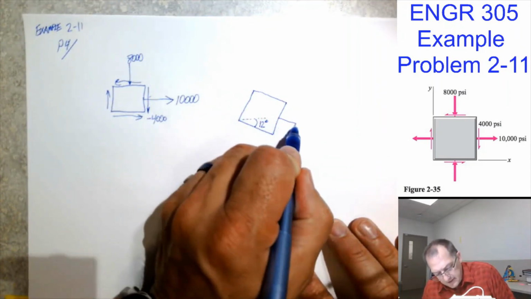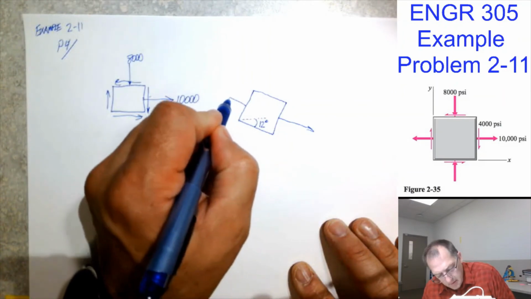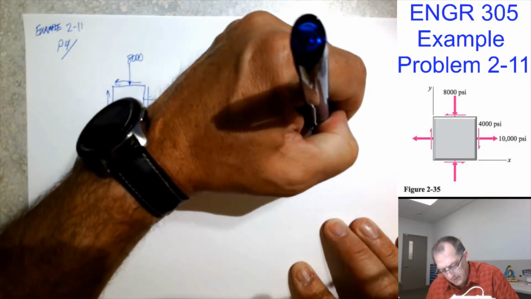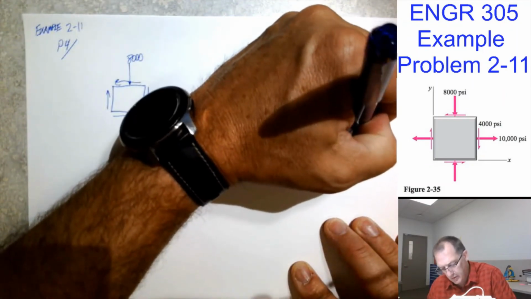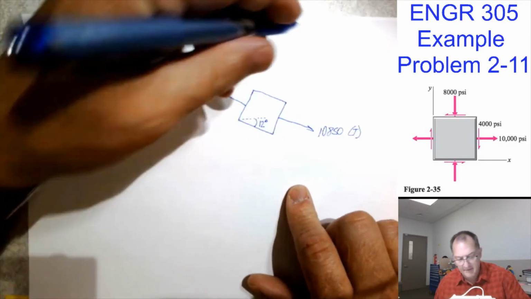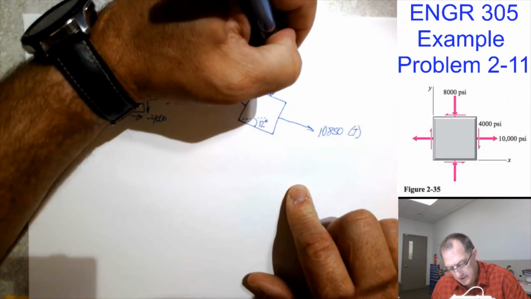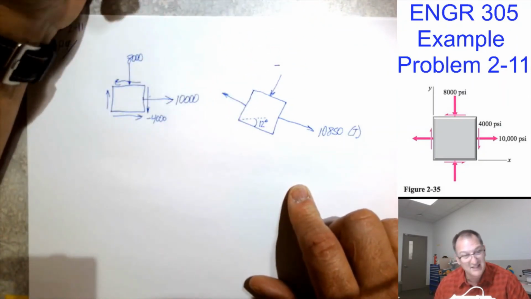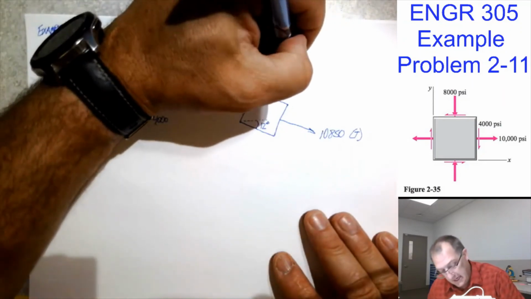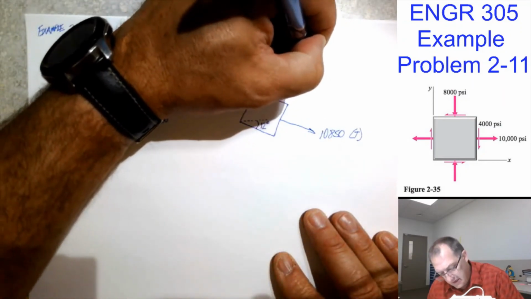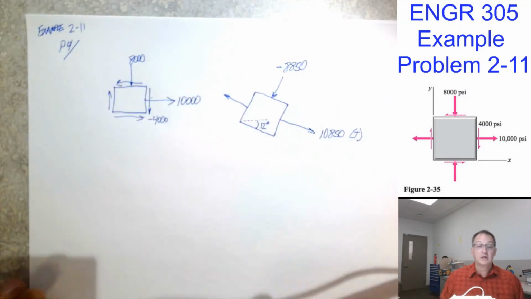And at this angle, that's going to be my 10,850 in tension. And this is going to be my, I'm going to list it as negative, but now I'm kind of redundant that I'm negative, but you got it, 8,850. And how much shear is on those faces? None, because that's the principal orientation.